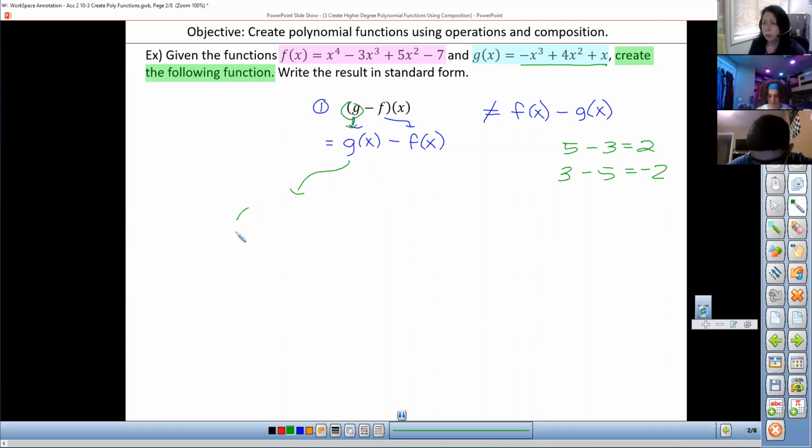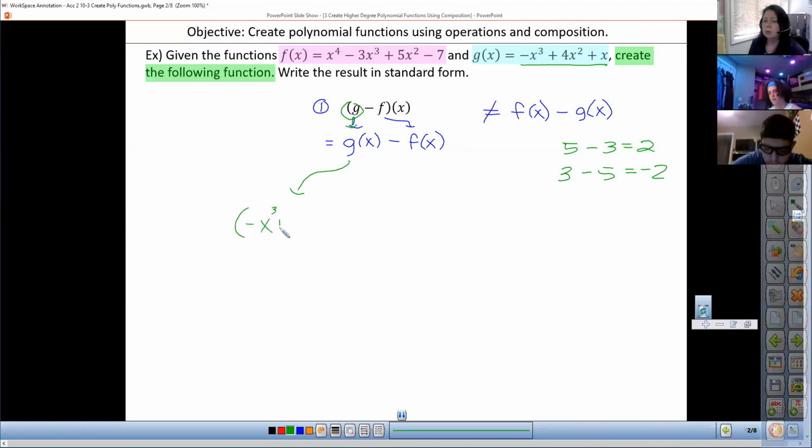So I'm going to put it in parentheses because it's a quantity. So I have negative x cubed plus 4x squared plus x. Then I have my subtraction sign that's between them. And now I have to put my f of x function, which is these 4 terms. And I have to put parentheses around it. The parentheses around the first 3 are technically optional because there's nothing in front to distribute.